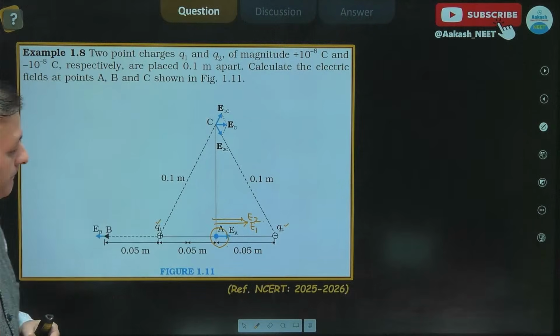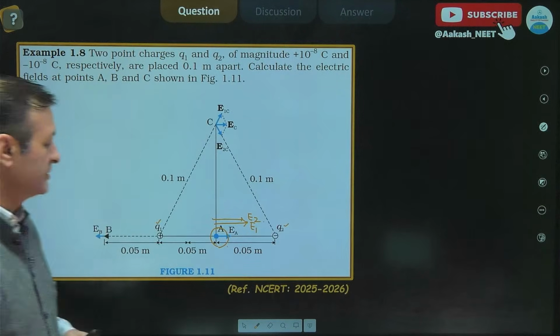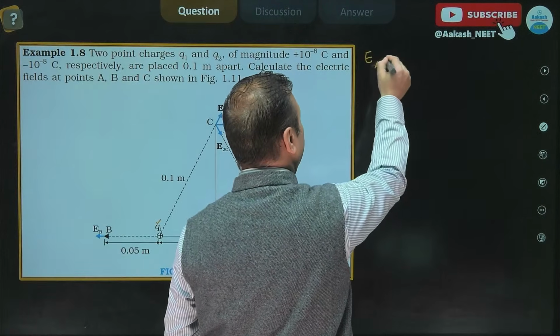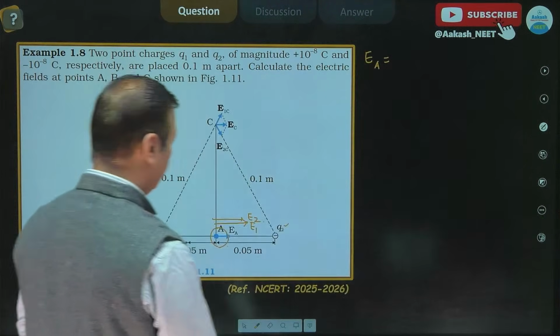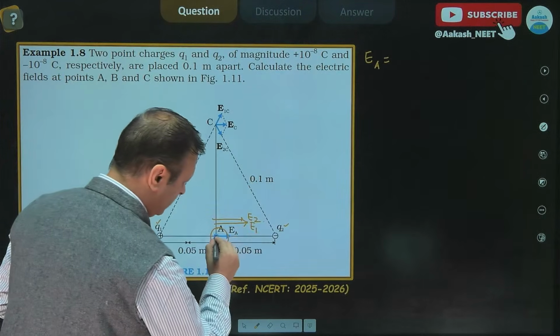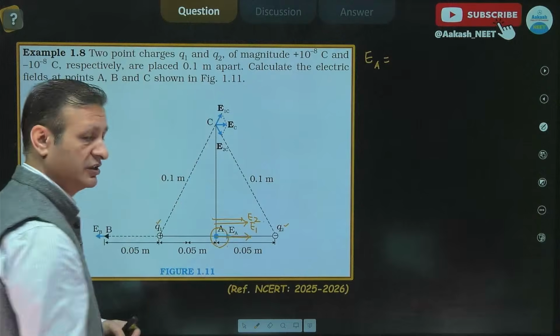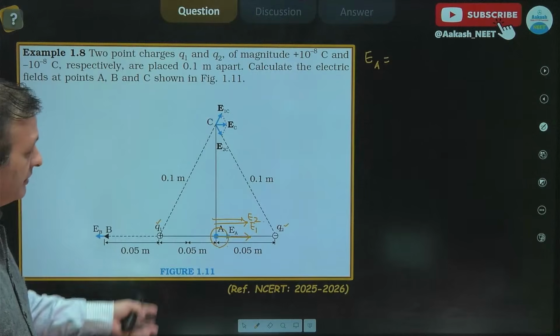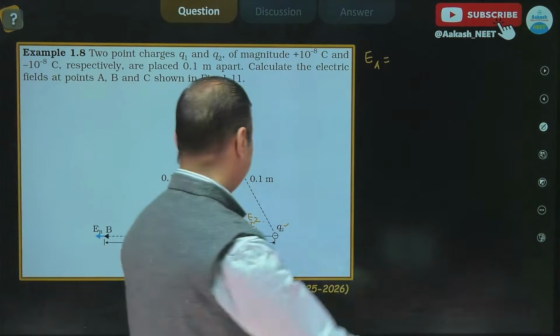Got it? So, this is the simplest concept. When you add these two vectors pointing in the same direction, the resultant would be this way only. Once we are clear about the direction concept, let's work out the magnitude.